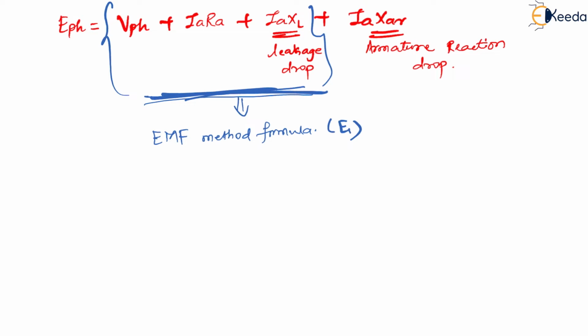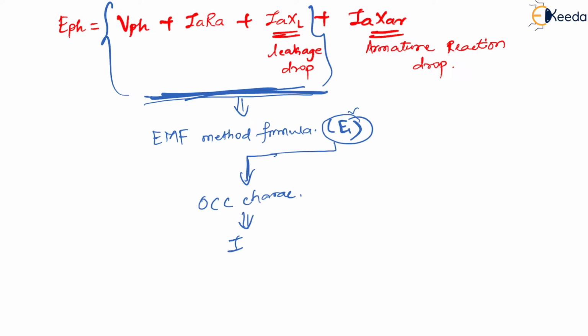Correct. Now once you have got this value of E1, what are you supposed to do? You are going to go to the OCC characteristics and there find the value of field current for which this voltage is available. Means, for example, if this particular voltage is, let us consider 100 volts.